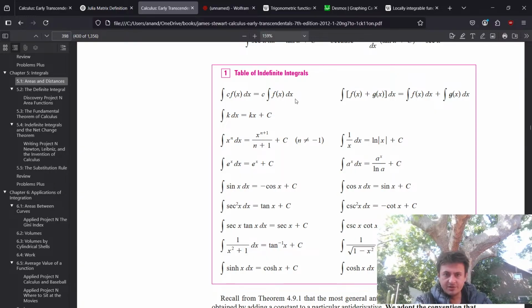So the linearity ones are really important. I want to spend some more time on these non-e exponentials because it's actually very cool.